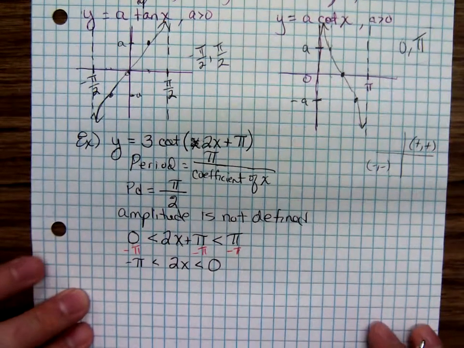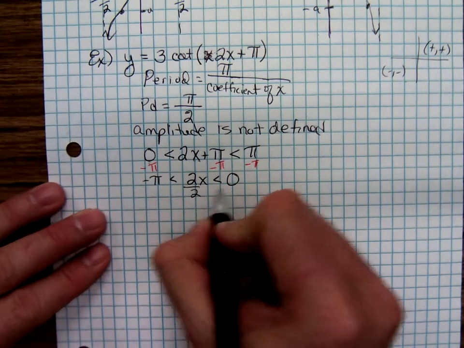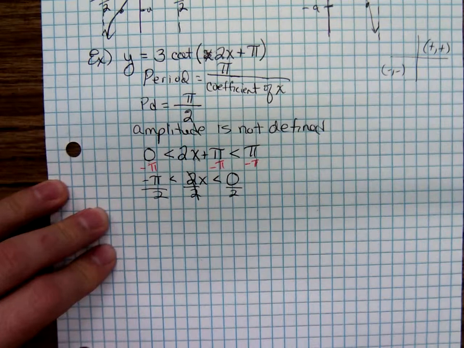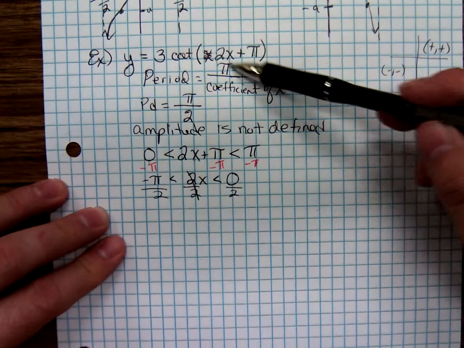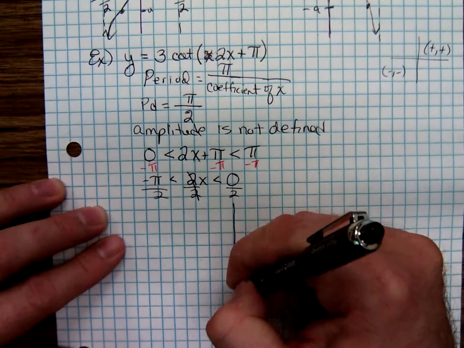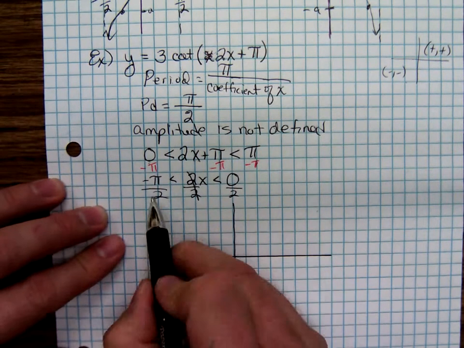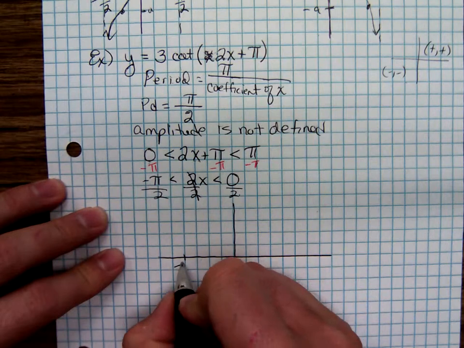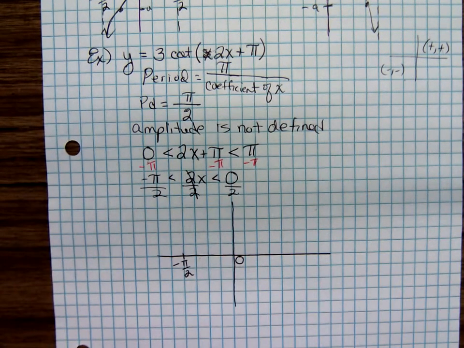And then what would I do? Divide by 2. So that primary period, the one that turns the angle from 0 to pi, is going to be negative pi over 2 to 0.